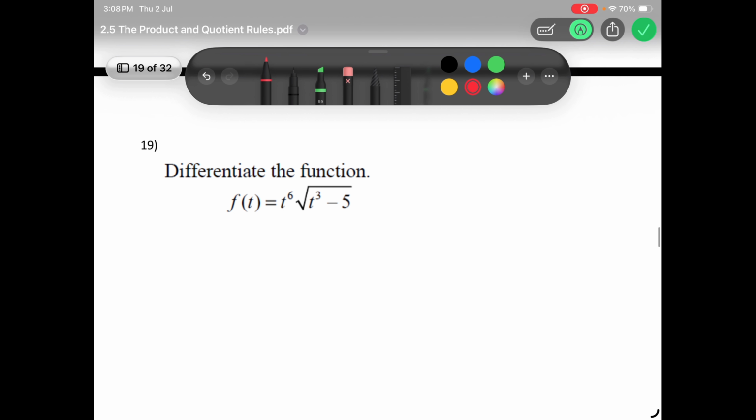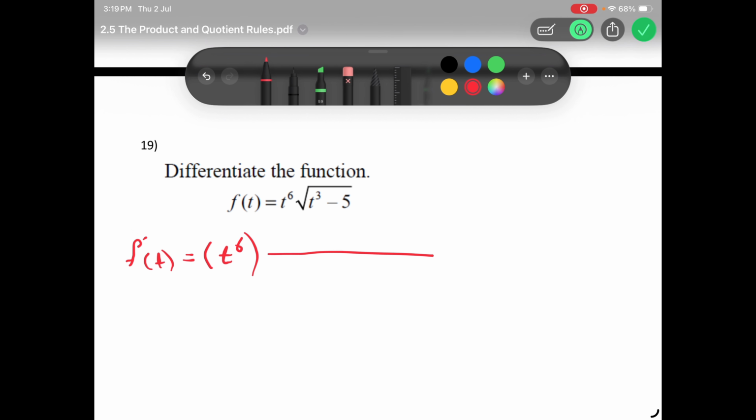And what next I have here, f of x equals t to the power of 6 times this square root of t cubed minus 5. In fact, here product rule will be helpful. So f prime of t, t is the independent variable like x. So I will keep the first function t to the power 6 as it is.